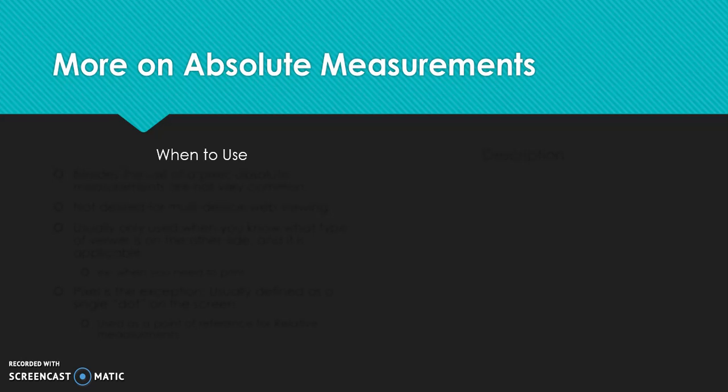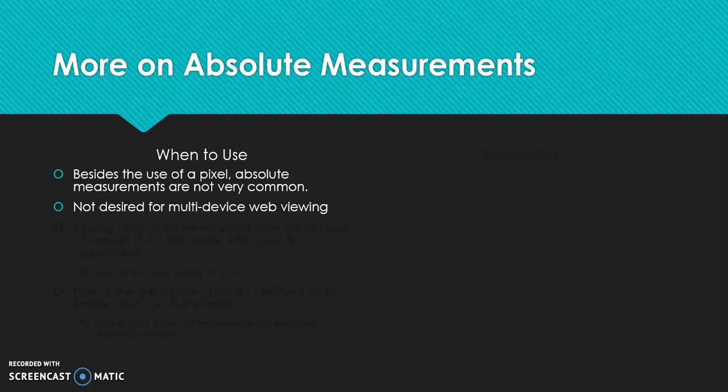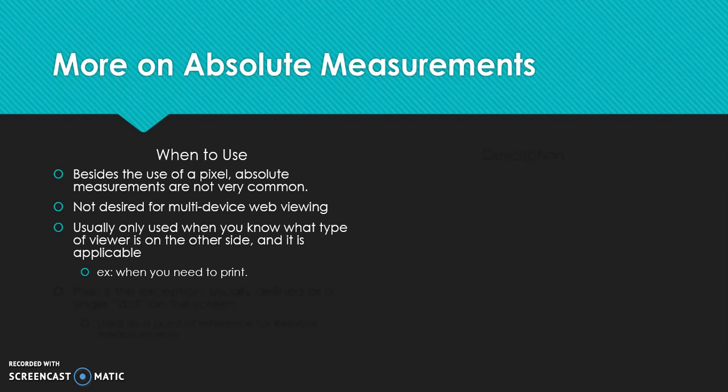So more on absolute measurements. We use these not very commonly because they're not desired for multi-device web viewing. Going back to our centimeter example, if you are creating a web page and you are on a 26 centimeter screen and you make it all look good and it's all in centimeters, when somebody pulls it up on a cell phone with a smaller screen size, it's going to appear exactly how it would have on a 16 centimeter screen.